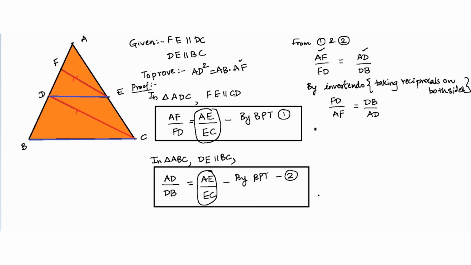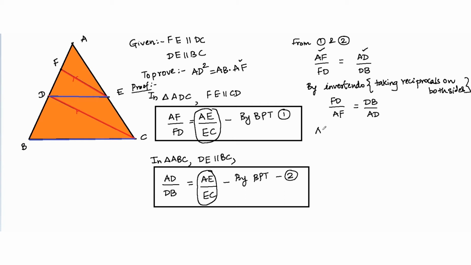And now what will happen if I add 1 to both sides? So why am I adding 1? I am adding 1 because I notice that AF plus FD will suddenly give me AD, right? And I'm falling short of 1 AD here. Similarly, I don't want DB, but if I add 1, then AD plus DB will make it AB in the numerator.